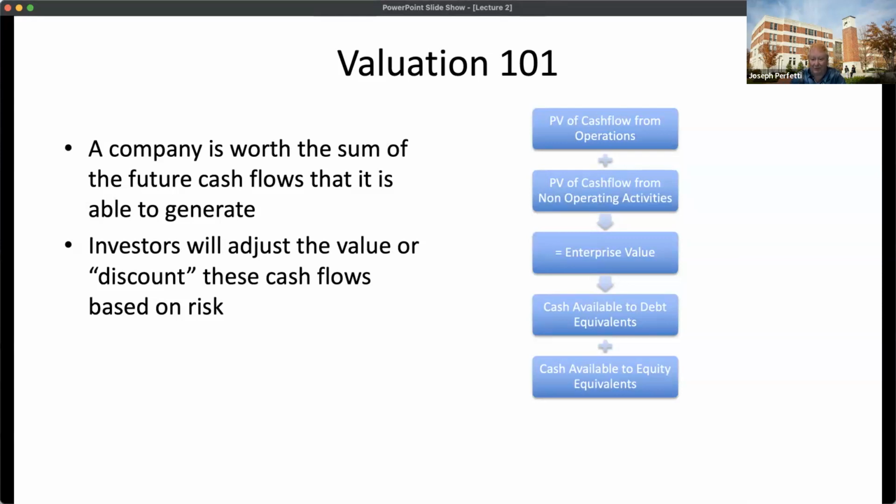The graphic on the screen is a simple representation of Modigliani-Miller, right? The general idea is that when we do valuation, what I'm going to teach you as an additional step that other people often skip over is that we are going to separate out operating activities from non-operating activities.